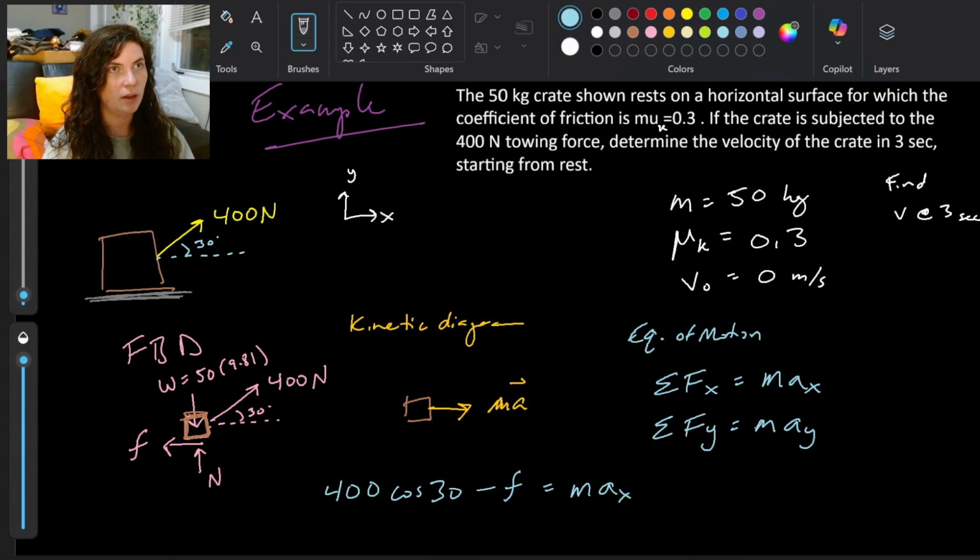If I look at my sum of y forces, I'm going to have the y component of that 400 Newton force, 400 sine 30, plus the normal force that is pointing upwards, minus the weight of the crate. So that's that 50 times 9.81 equals m times ay.